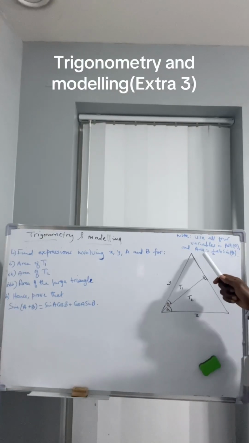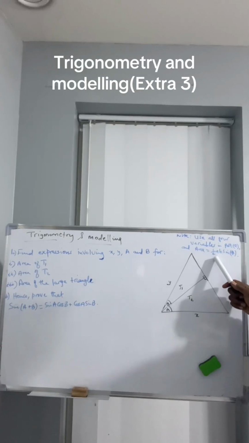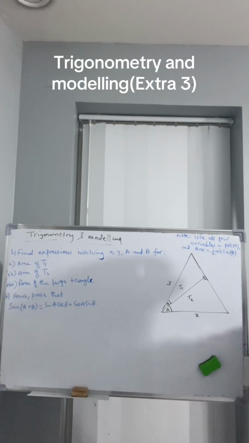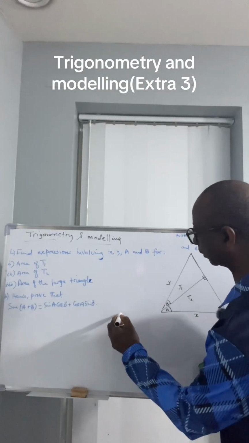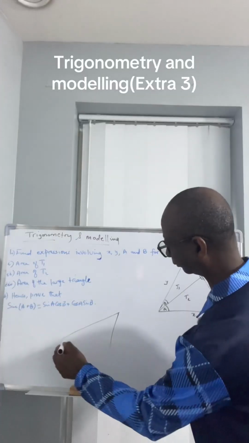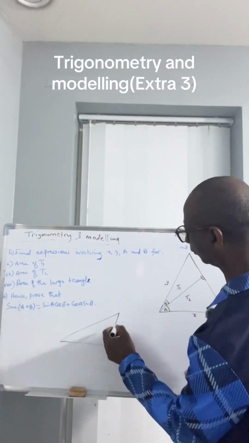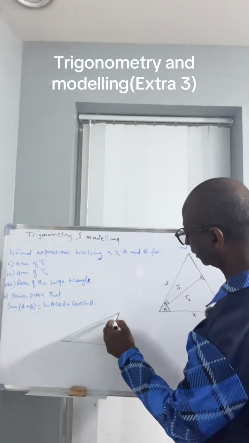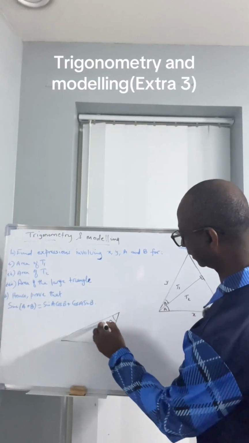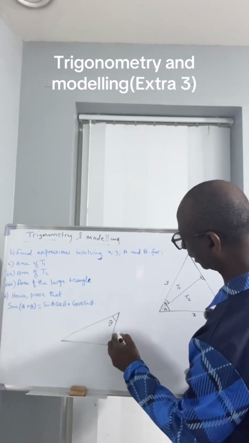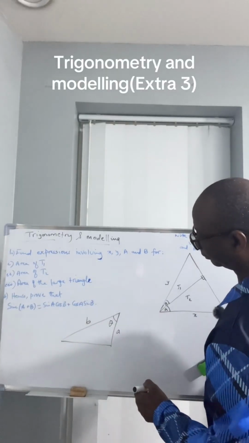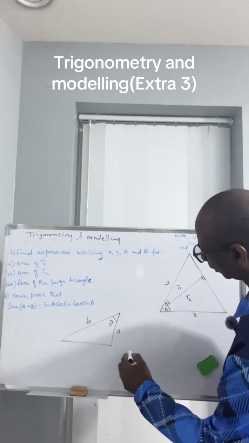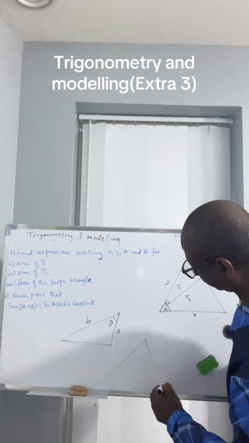you should use this formula, area of a triangle, which states that the area is equal to half AB sine theta. Of course, you know this formula. You know how to use it. Say you are given a triangle like this, and this is theta here, and you have A, B on this side, and you are given another triangle, for example.